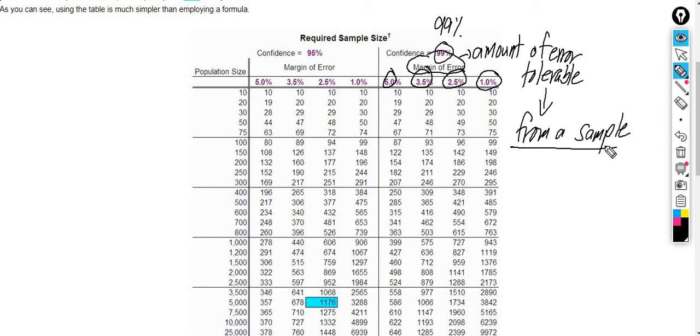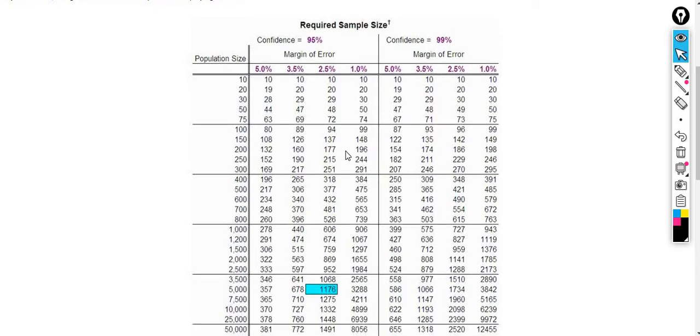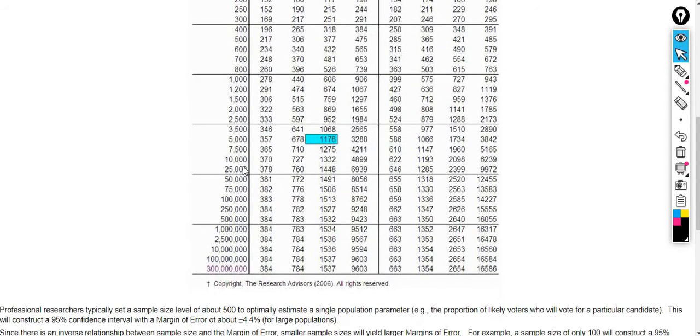Now, taking a look at our table here, the smaller sizes are up here, and if the population size is 10, it's just saying that you take everything. Same with 20, just remove one, but take everything else. And of course, as our population size increases, our sample size would increase as well.